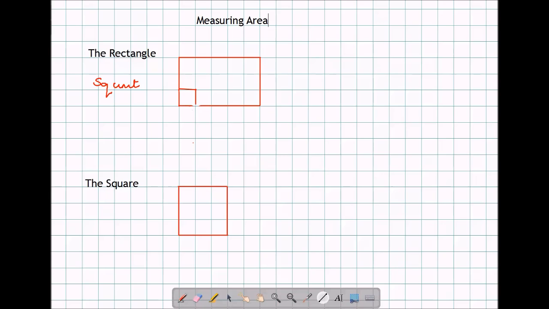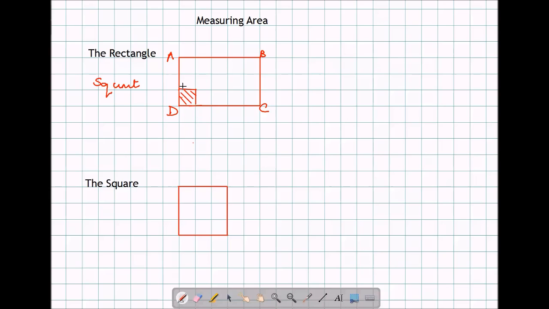So let's consider that this is one square unit, and we need to find the area of this rectangle. Let's call this rectangle ABCD.